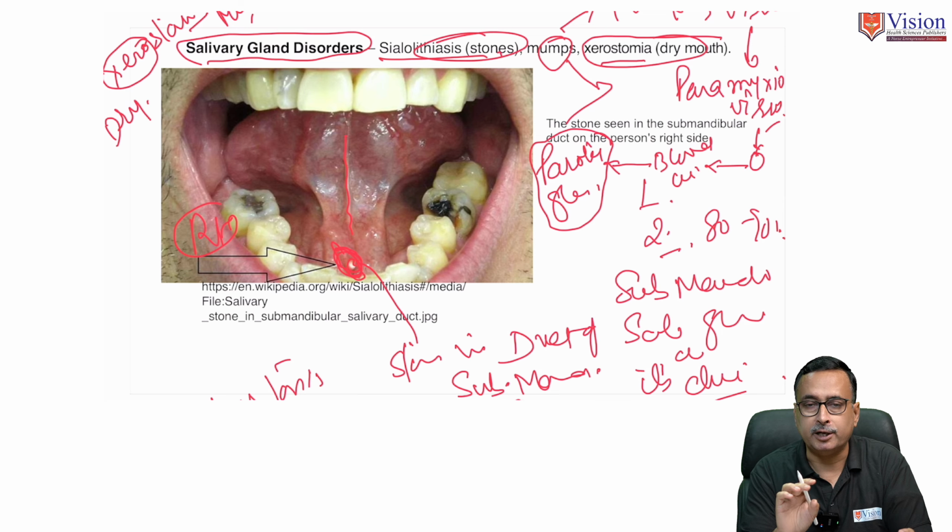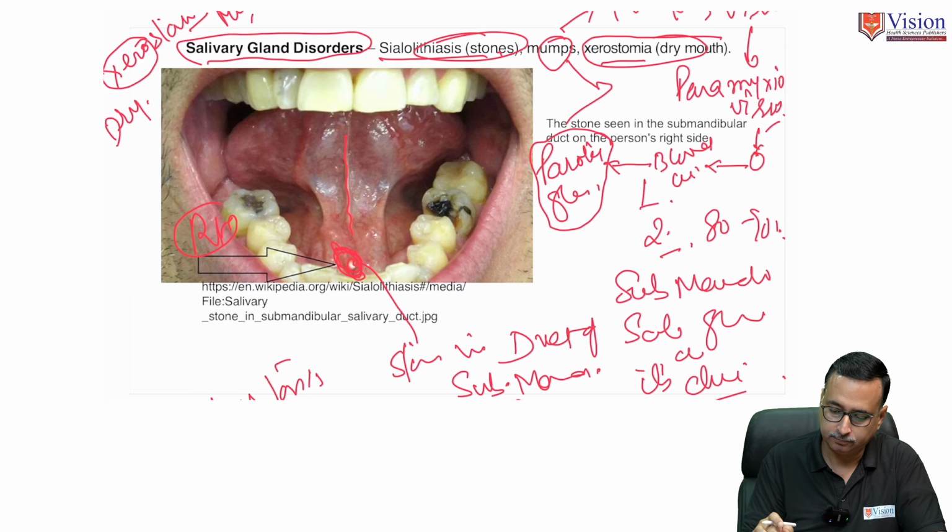There is bleeding of the gums, inflammation of the surface of the tongue, and difficulty in swallowing. These are xerostomia manifestations. What is the cause of xerostomia? The most common cause is exposure of the parotid glands when a patient is treated by radiotherapy. There are also certain drugs which may induce xerostomia.